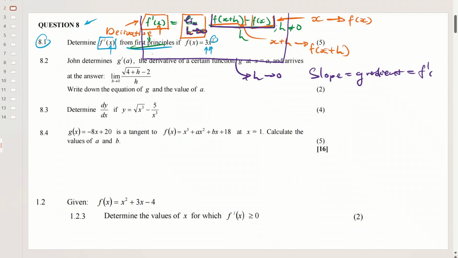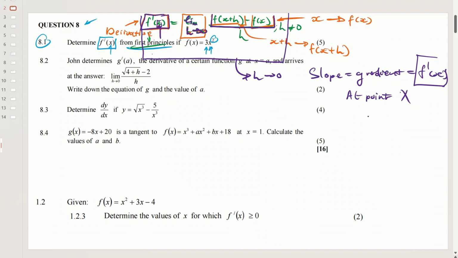You can say this is also known as f prime of x, the slope of the tangent line at point x. That's why you can see that this whole thing here, your product, is f prime of x. So this is the slope at point x there, that small x there. Understand?